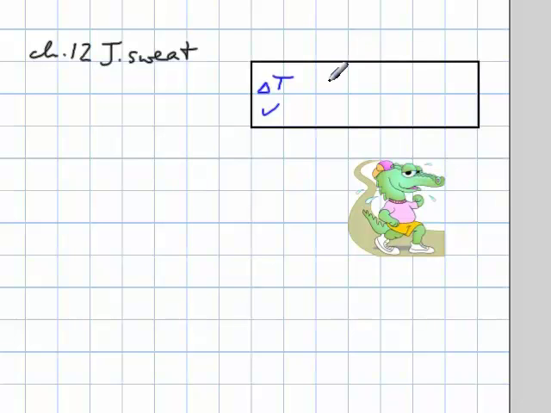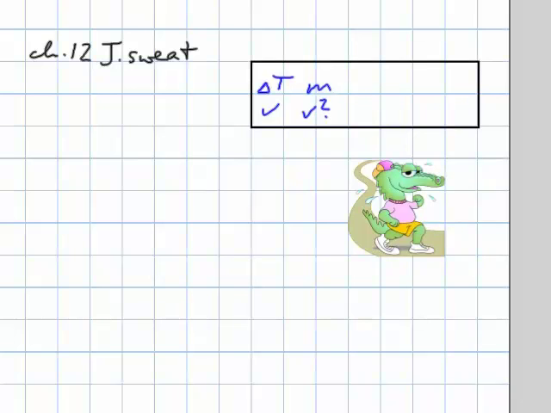What else is given is the mass of the jogger on one hand. On the other hand, we're supposed to figure out what the mass is of the sweat, which would be basically water being sweated out.